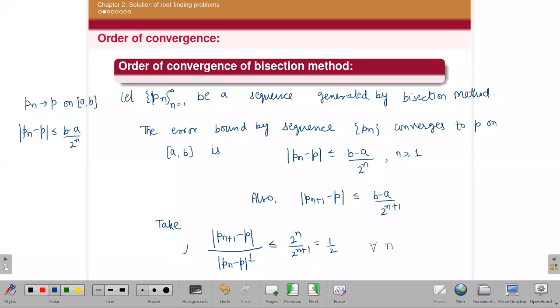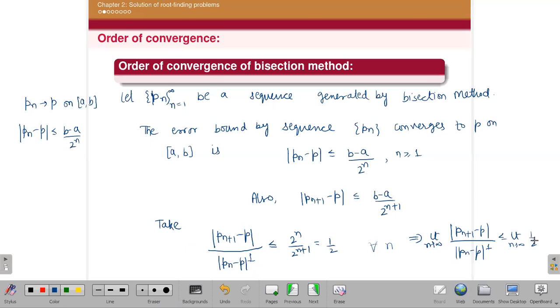Now if I take the limit, n goes to infinity, with this raised to power alpha equal to 1, then this is 1/2.